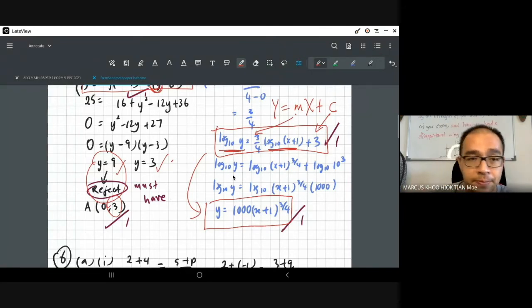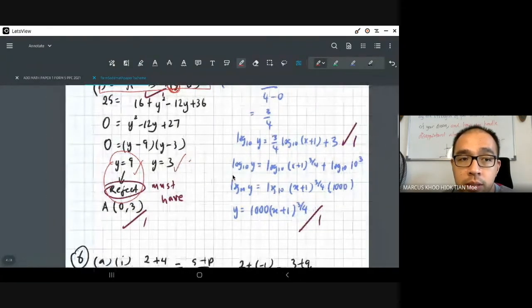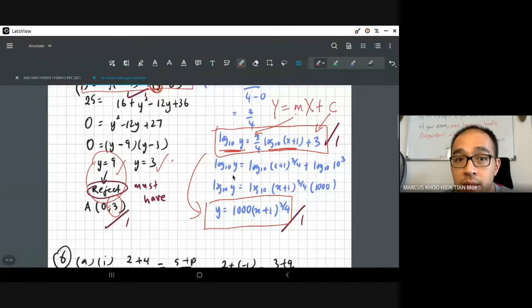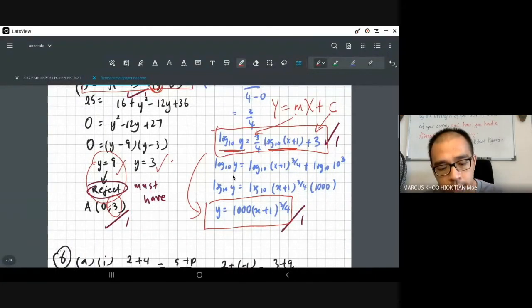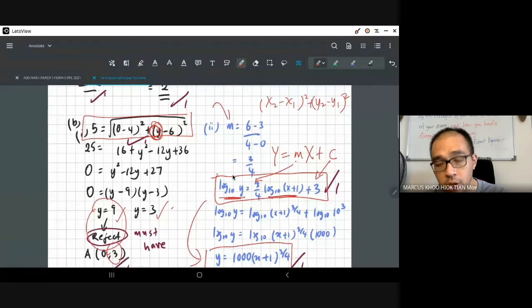Yes, FR. If I don't see the word reject, but my final answer is 0, 3, cannot, I will mark it wrong. Why 0, 3, why not 0, 9? So I will definitely not accept the answer. But if you use the same coordinate in this one, no problem.